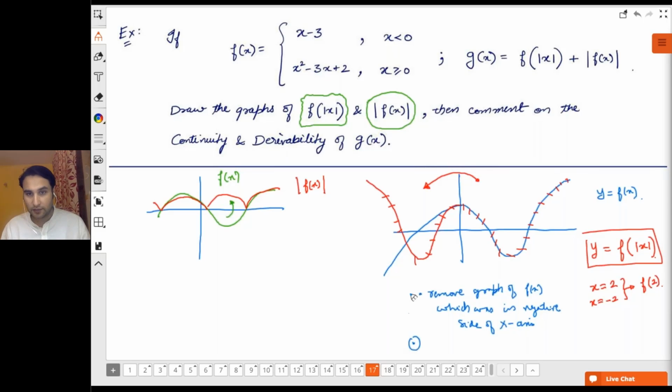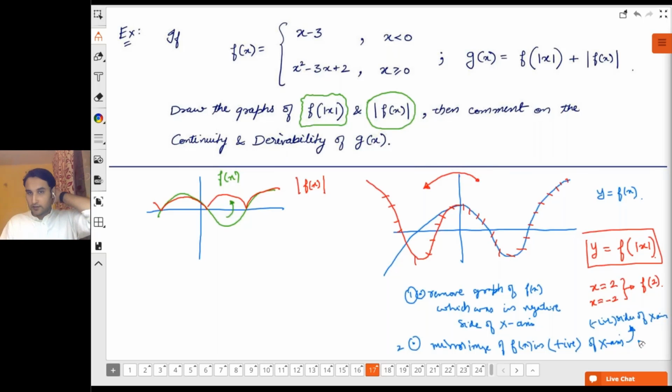Then step 2: take the mirror image of f(x) on the positive side of x to the negative side of the x-axis as well. Okay, remove this graph and take a mirror image of this.